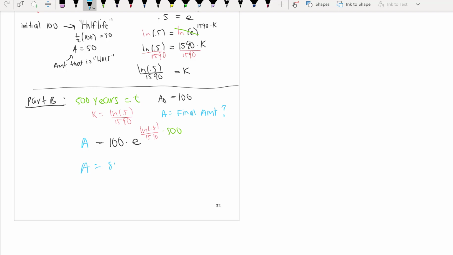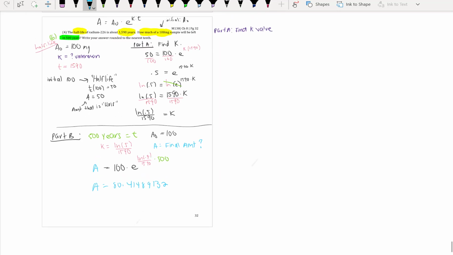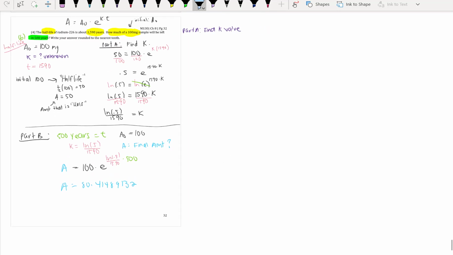And on my calculator, I got 80.414893132. And it specifically said to round this to the nearest tenth. So that would be my nearest tenth. So I'm going to have my end amount is 80.4, and it'll be in milligrams.